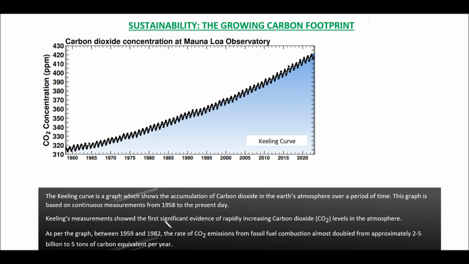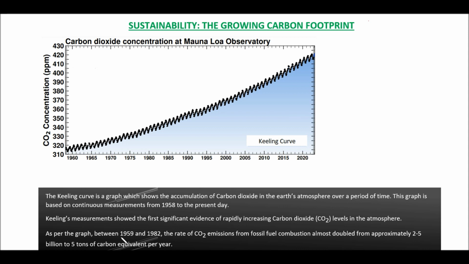Keeling's measurements showed the first significant evidence of rapidly increasing carbon dioxide levels in the atmosphere. As you can see, the carbon dioxide is continuously increasing right from 1958 till date, that is, in 2023.